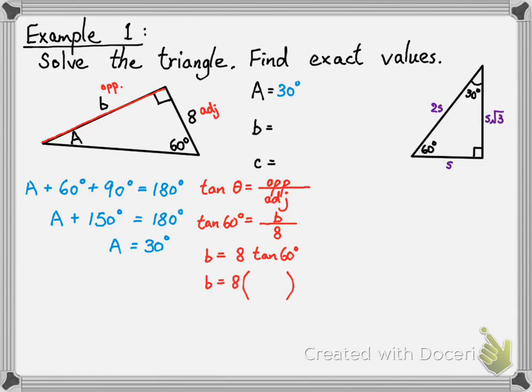Let's recall this special triangle of a 30-60-90 degree triangle. Tangent 60 degrees equals opposite, s square root of 3, over adjacent, s. Now we simplify the s, so that we find that B equals 8 times square root of 3.